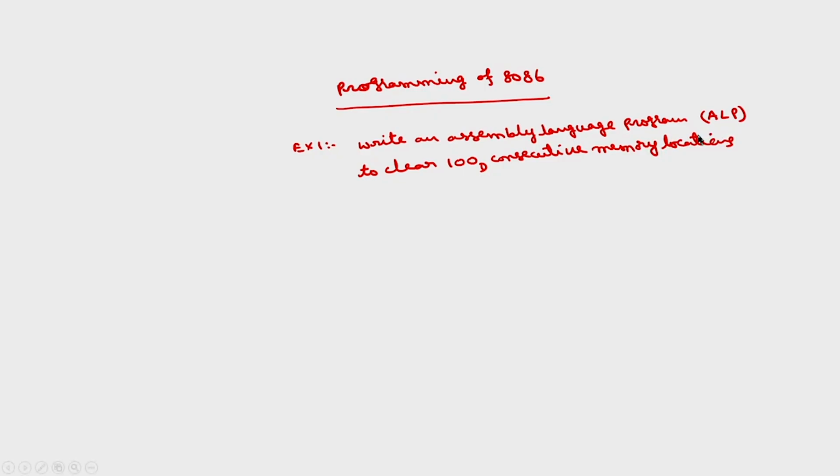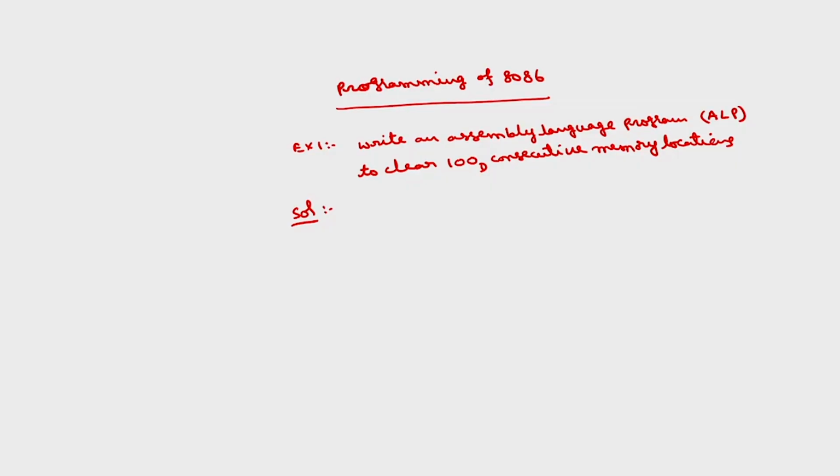So you have to first choose the appropriate memory locations before writing these instructions. By default the data will be stored in the data segment. This is the data segment register.